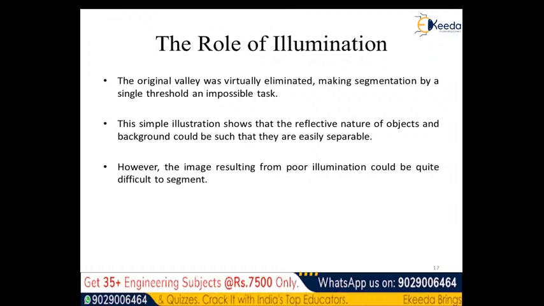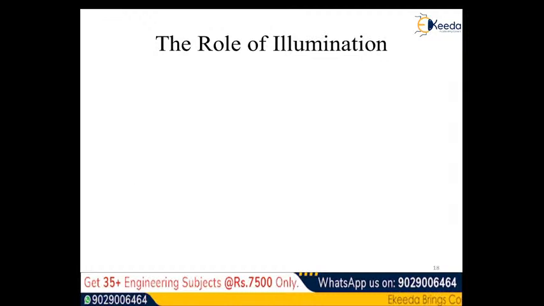Now, let us consider a little bit of the mathematical background for this role of illumination in the thresholding procedure. Let us first represent the image to be processed for image segmentation as f of x comma y, and it initially has two components, the illumination component and the reflectance component.